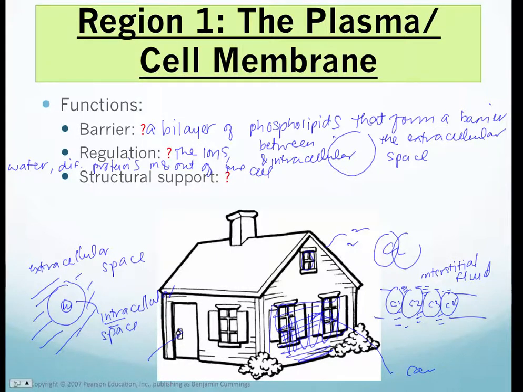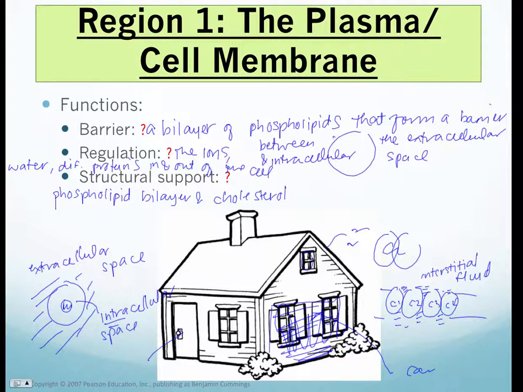Structural support. Okay, so structural support, your house, you have bricks, you have wood, lots of wires and other beams for that nice support. In our cell, our structural support is going to be that phospholipid bilayer and cholesterol. Okay, now I realize I didn't go over what this phospholipid bilayer is.